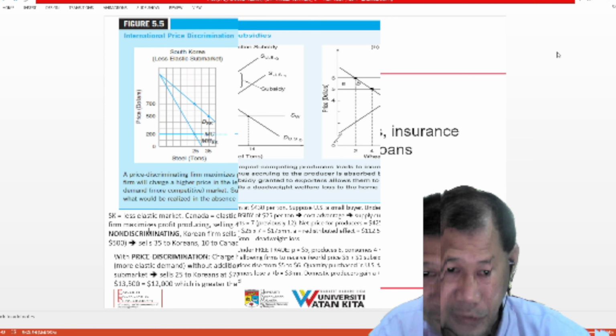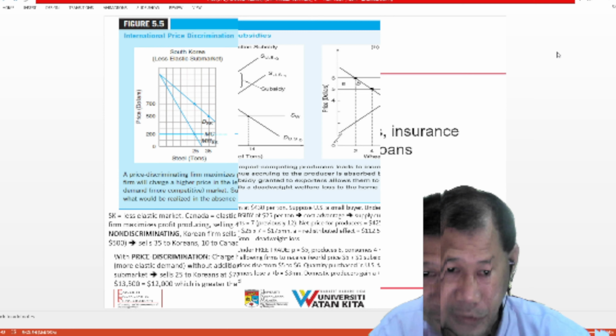So in a non-discriminating case, the Korean firm sells 45 at 500, the optimal output where the horizontal line intersects the demand schedule.